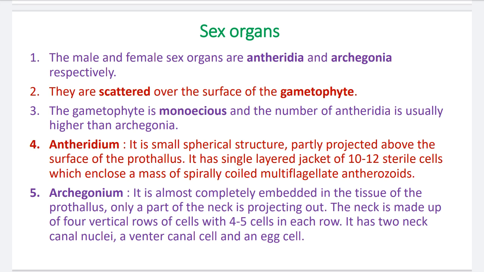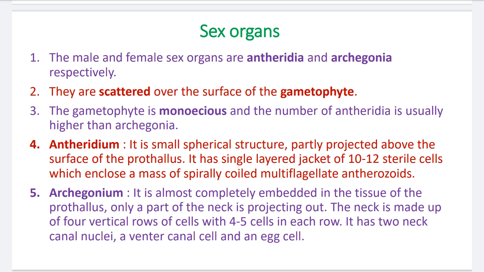It is almost completely embedded in the tissue of the prothallus, and only part of the neck is projecting out. In case of antheridium, it is partly projected above the surface, but in case of archegonium, the majority is embedded in the prothallus. Only the neck, meaning the mouth of the archegonium, comes outside the prothallus.